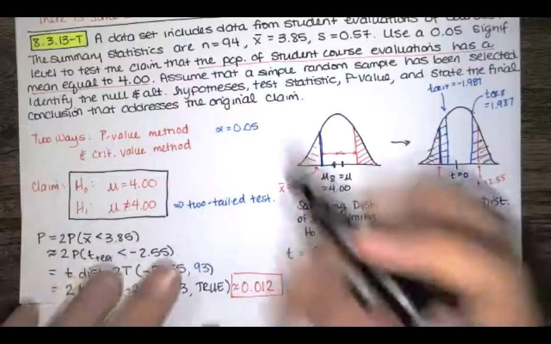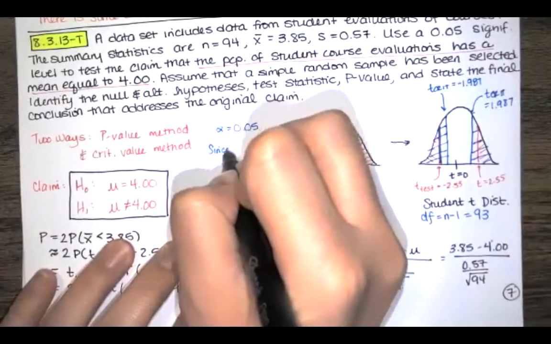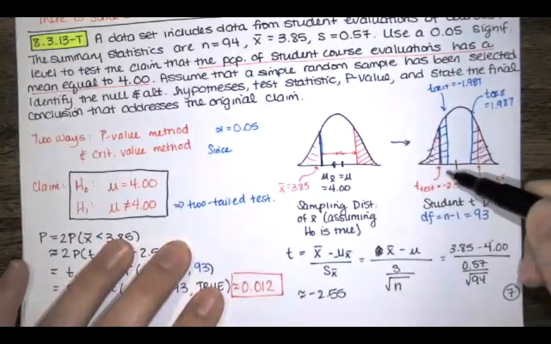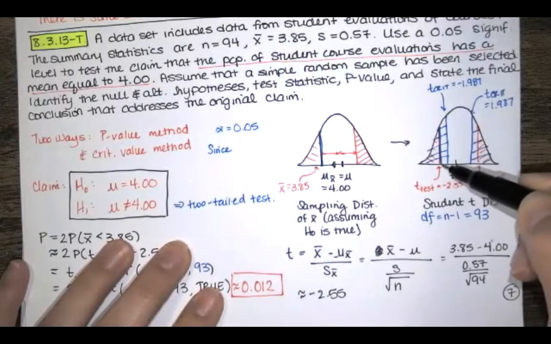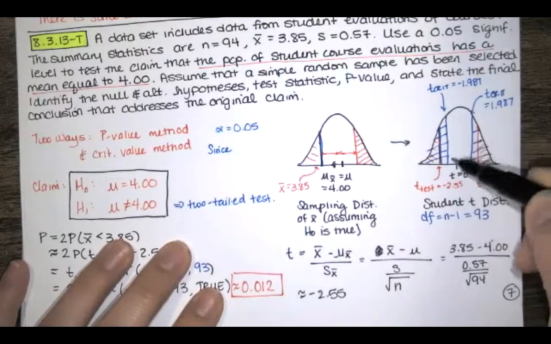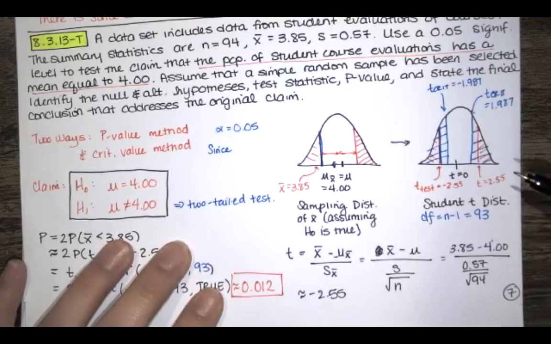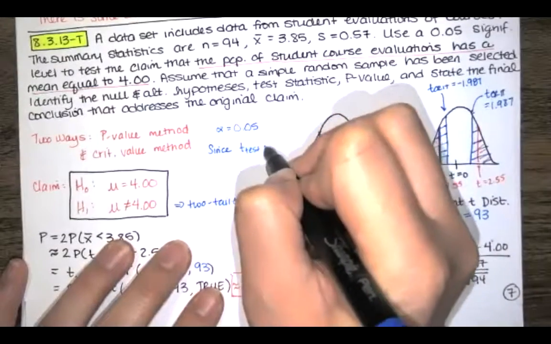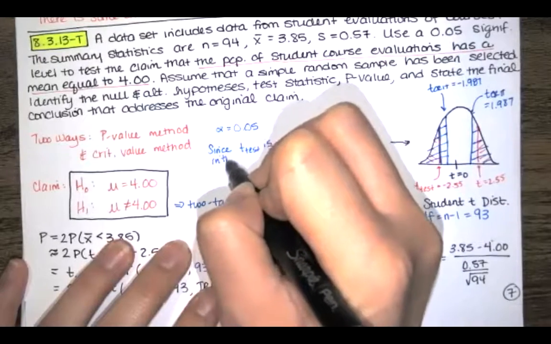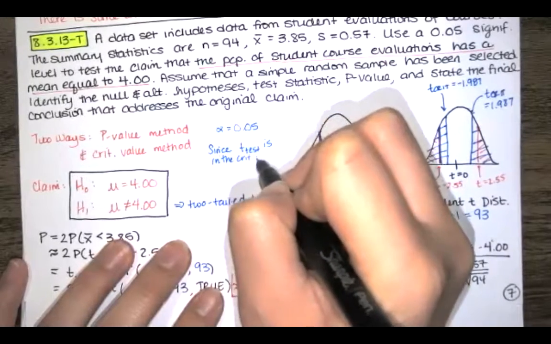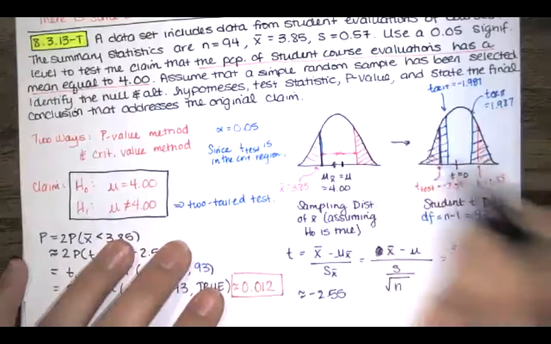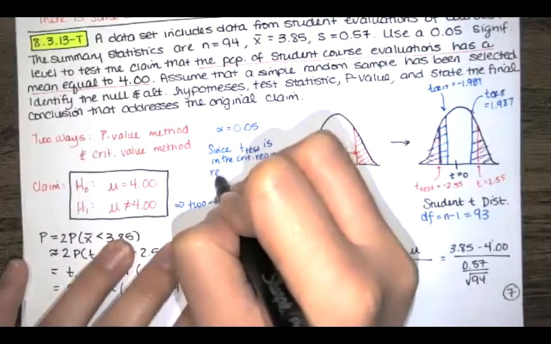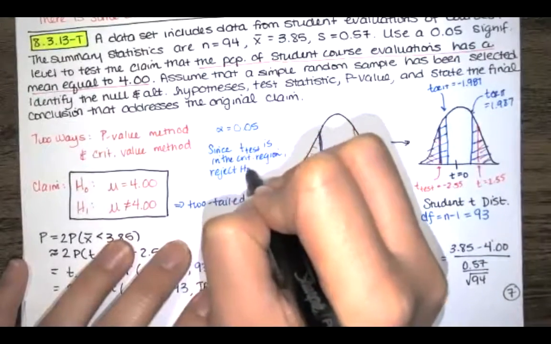And so we'll say that since this test statistic t is in our critical region, this blue region is called the critical region, that means the test statistic is significantly high, and therefore we're going to reject the null hypothesis.